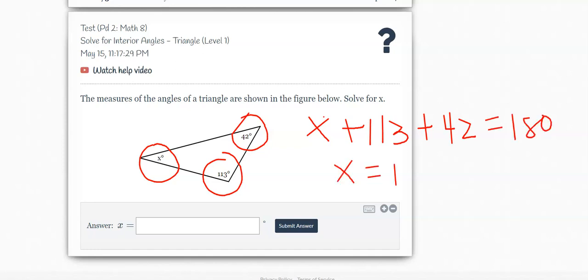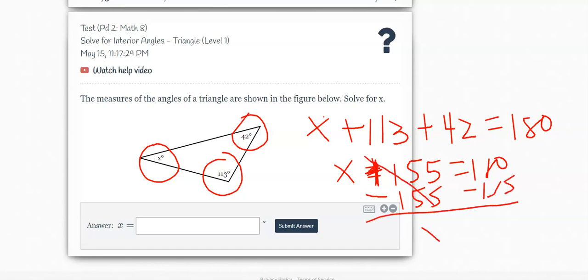X plus 155, oops, that's a plus sign. X plus 155 equals 180. Subtract 155. I'm sorry, my marker is so bad today. So that would be 25. 180 minus 155.